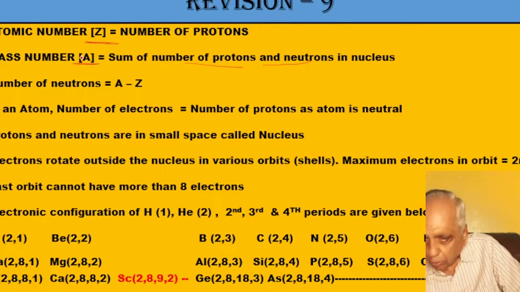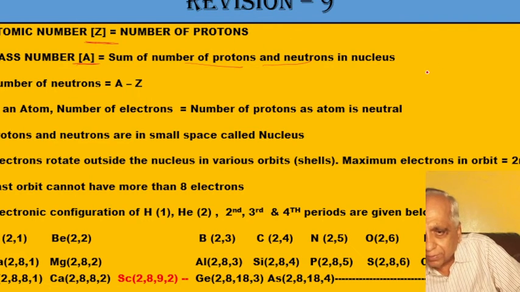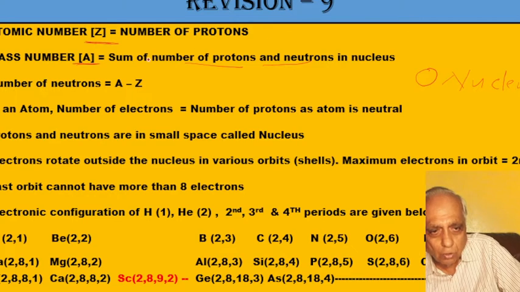Now, remember how the atom is made up. The atom has a small space called the nucleus. Inside the nucleus we have protons and neutrons.